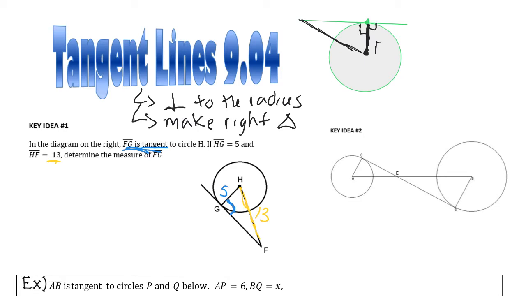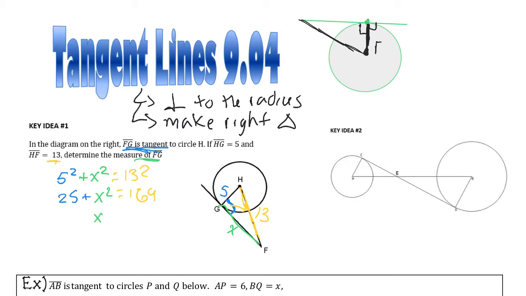So if I want to find FG, well, it's a right triangle, so I'm just going to use the Pythagorean theorem. So this is just like our old unit, last unit. Remember, my hypotenuse is always across from the 90, so it's 13 squared. 5 squared is 25 plus x squared equals 169.